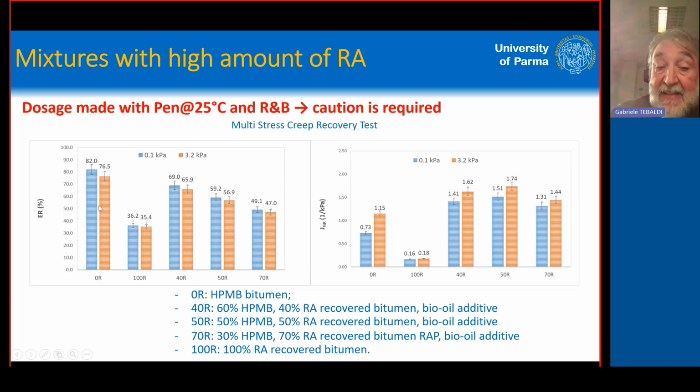So we can see that, on that basis alone, it seems that a higher amount of recycling agent is not effective. Of course the recycling agent is effective because we have a big recovery in performance in all cases, but it seems that if we have a higher amount of recycling agent, there is a decrease in the performance, as you can see in both.